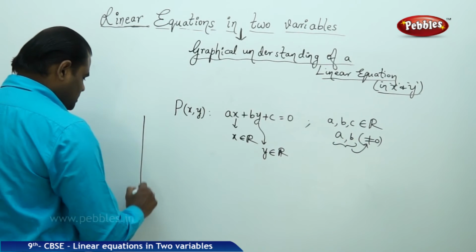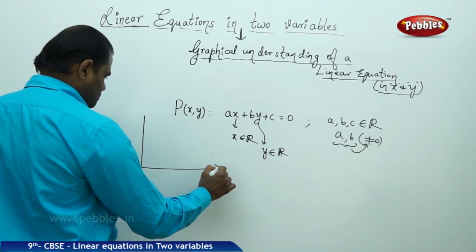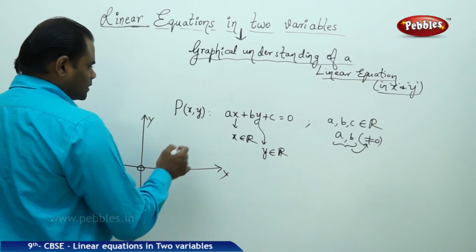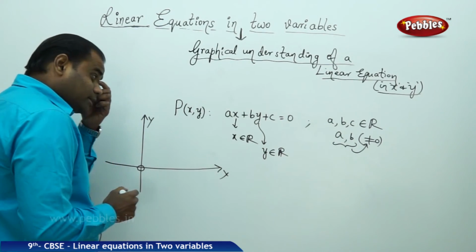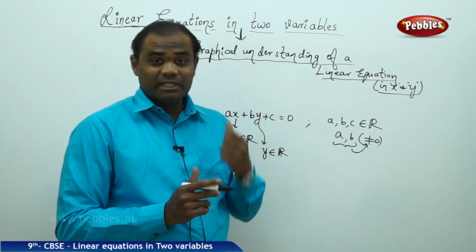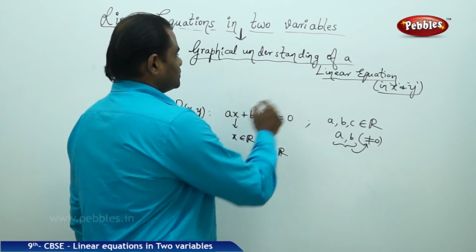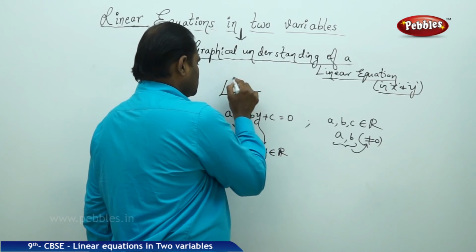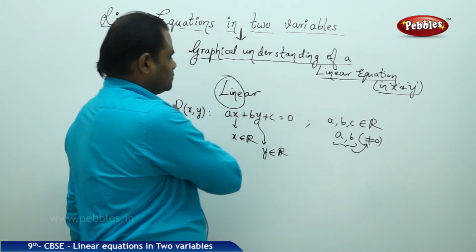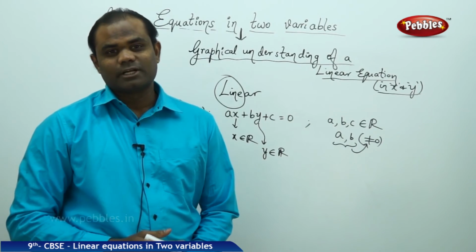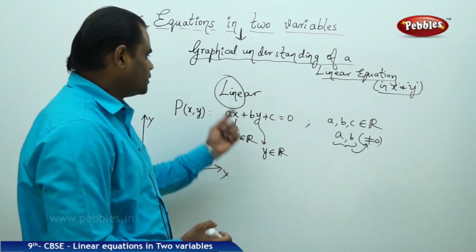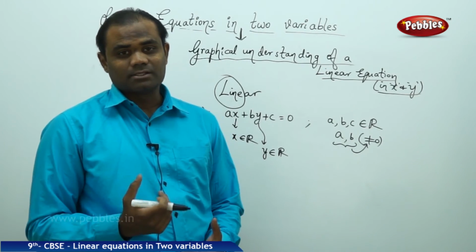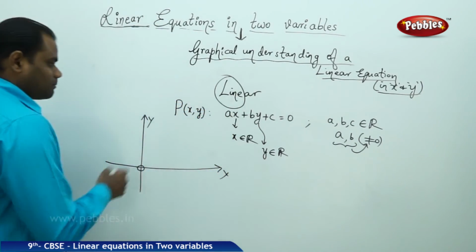So when I draw the x and y axis with the origin, this linear equation, as it is called linear, is derived from line. It looks like a straight line.